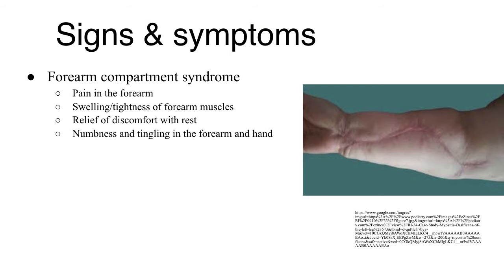Signs and symptoms include pain in the forearm, swelling, tightness of forearm muscles, relief of discomfort with rest, which is kind of alarming because a lot of other conditions are relieved with rest. But as I said, it's not very alarming in the fact that it's obvious.